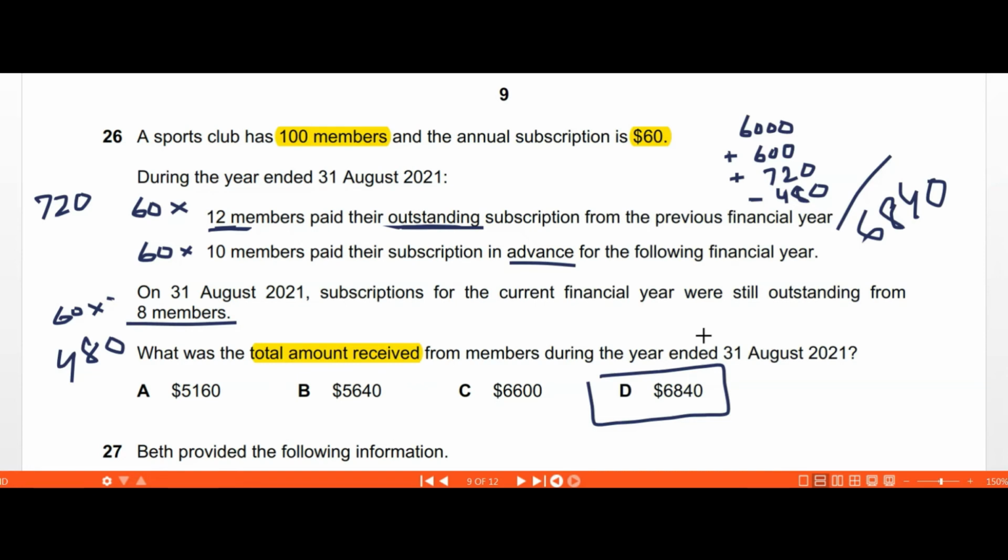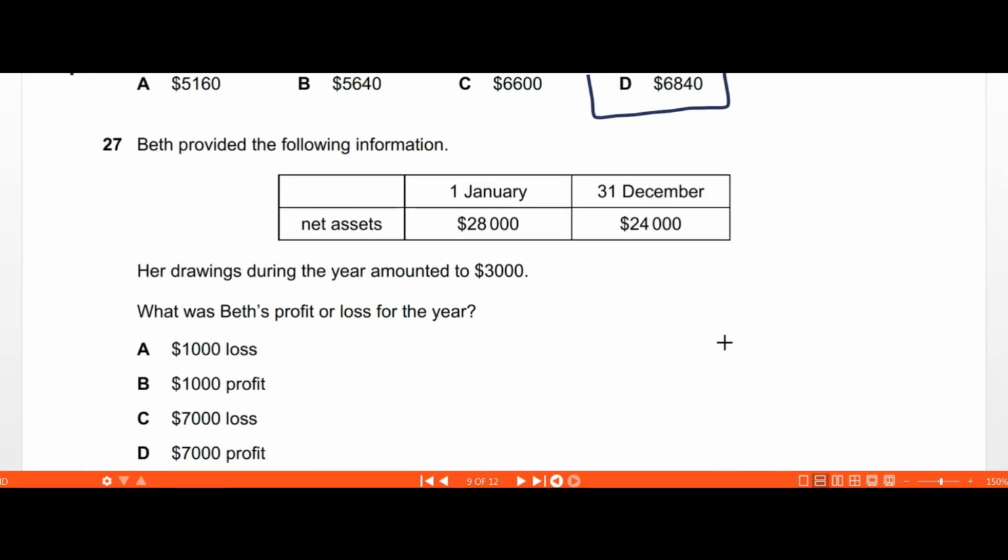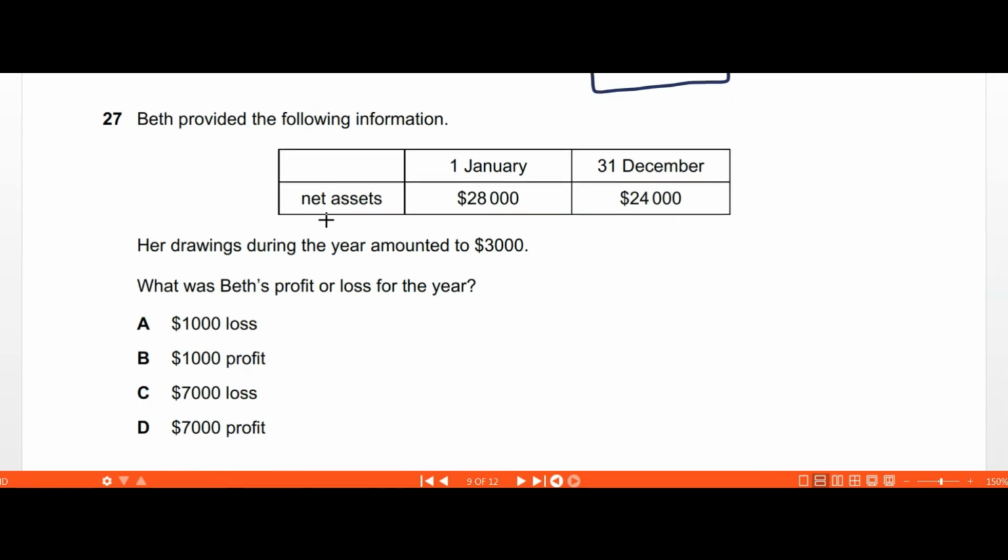Now moving on to question number 27. Beth provided the following information: net assets 28,000 at the opening date and the closing value is 24,000. Her drawings during the year amounted to 3,000. What was Beth's profit or loss for the year?